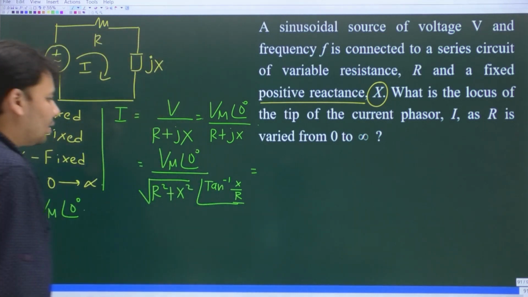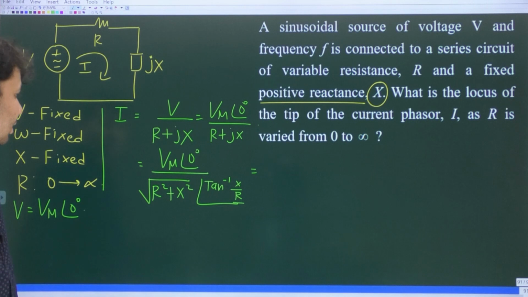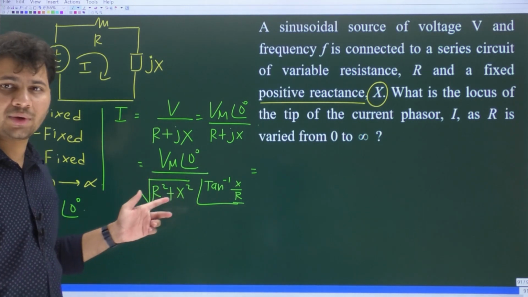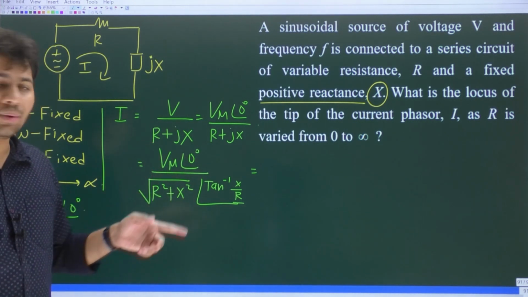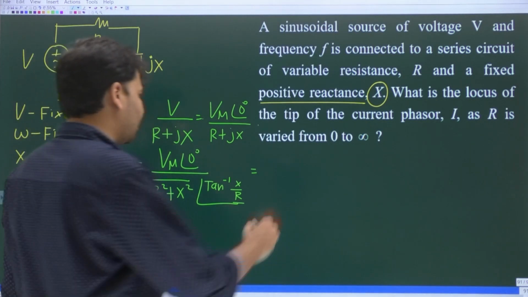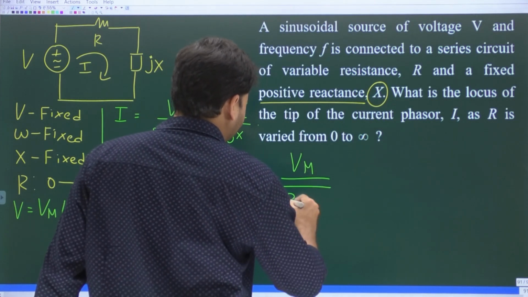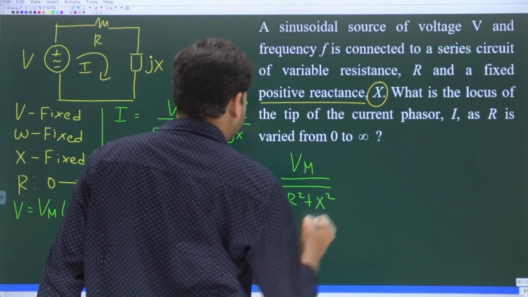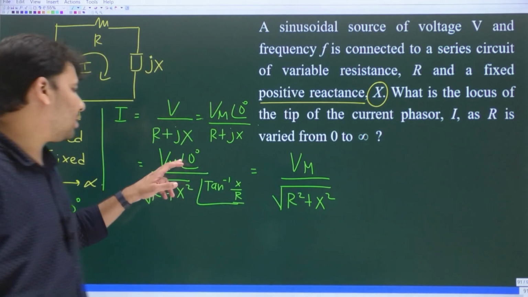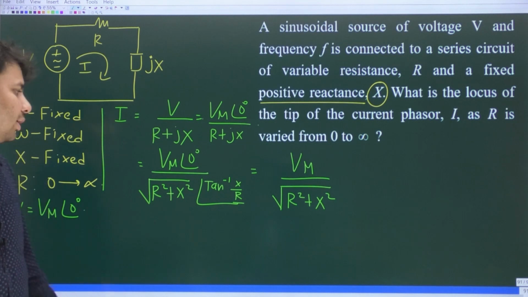So what is the final expression for the phasor current I? Look at the expression for capital I. The magnitude, would it not be Vm divided by square root of R square plus X square? Vm divided by square root of R square plus X square, and then you should subtract the denominator angle from the numerator angle.